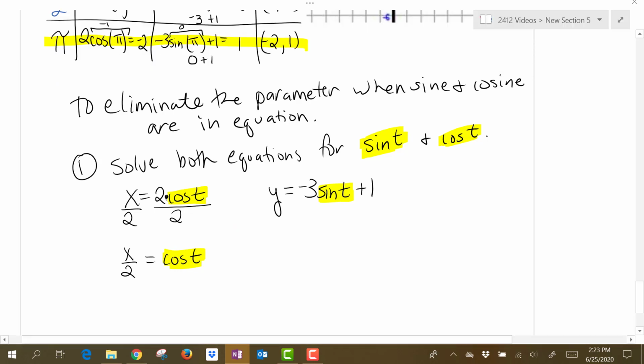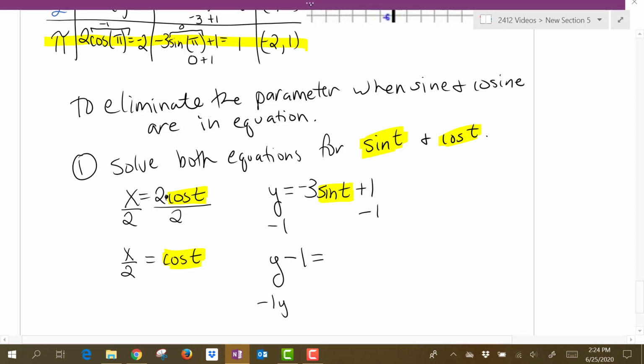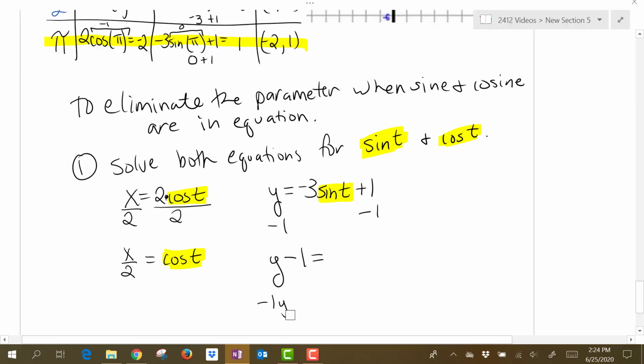The next equation, once again, don't do any division by 3 yet. We do our adding and subtracting first. Be careful there. That's y minus 1, not y times the negative 1. So if you get negative 1 times y, that's a problem. Be careful there. I see that all the time. So be careful when you're subtracting 1 from both sides. That's what you do first. It's y minus 1. Those are not like terms.